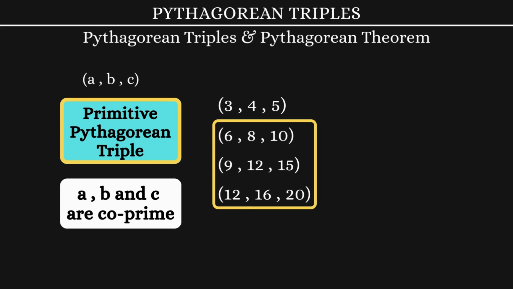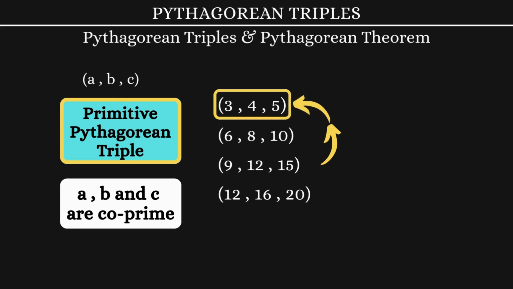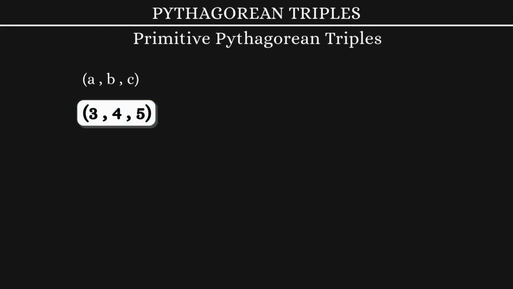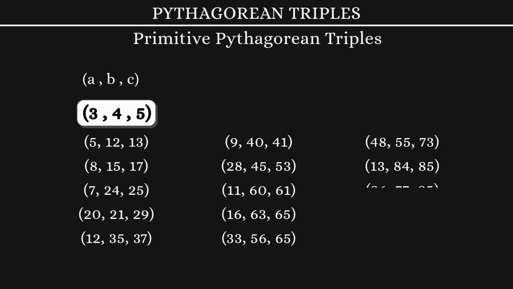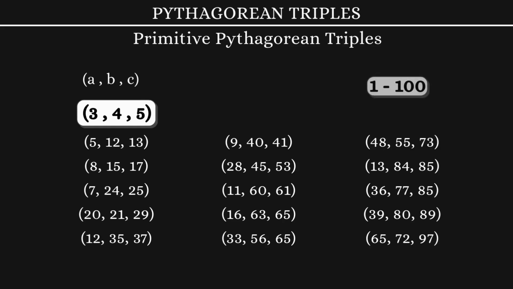When we divide all the three terms by the greatest common factor, we will end up with the primitive Pythagorean triple. Next, we have a total of 16 primitive Pythagorean triples of numbers up to 100. There are still many more which are greater than 100.